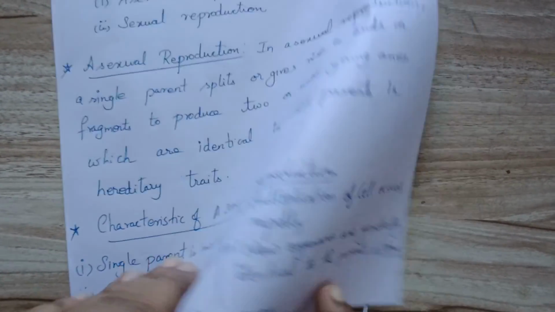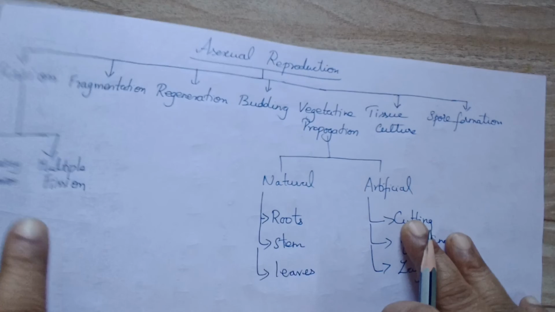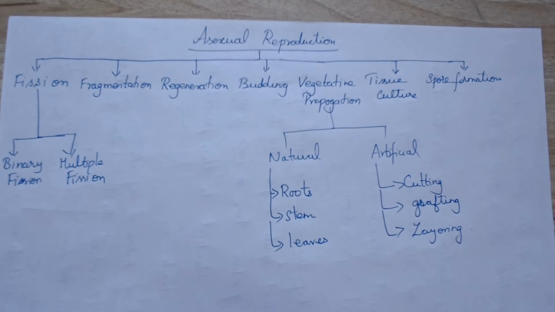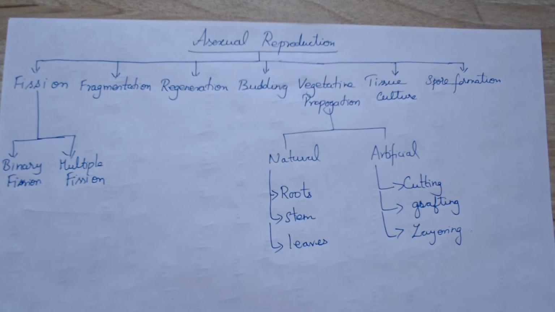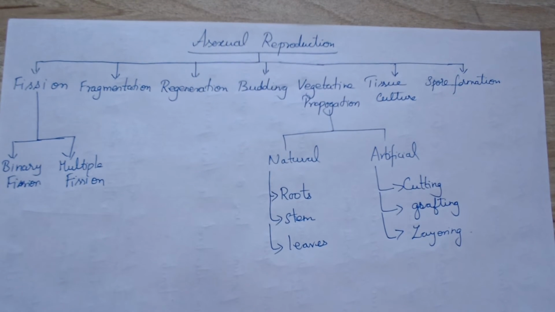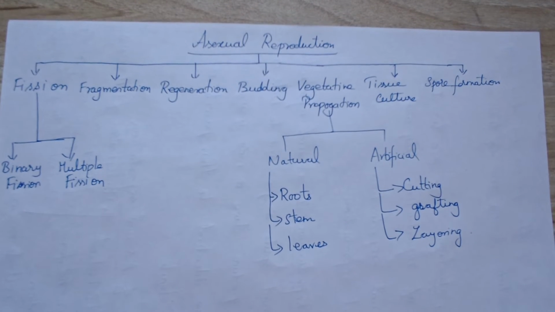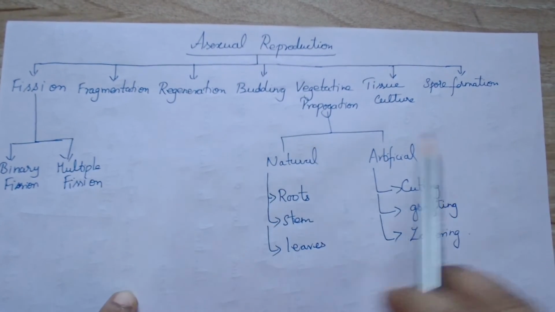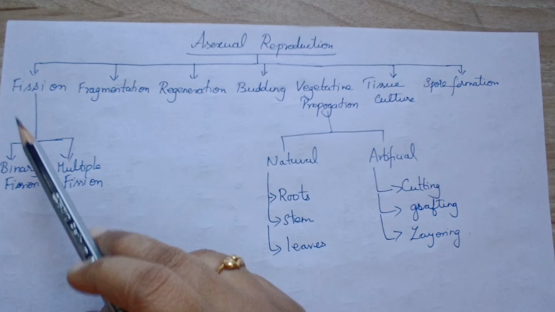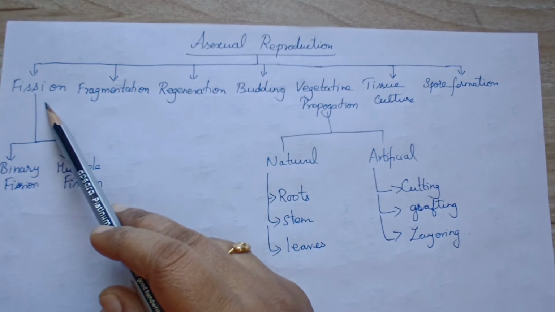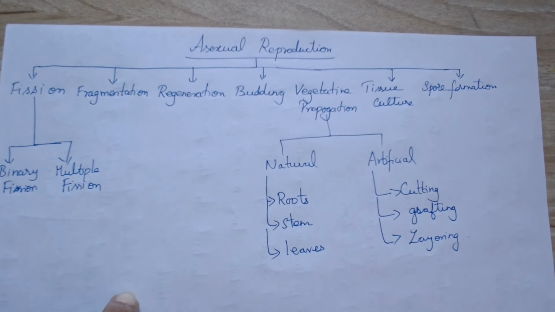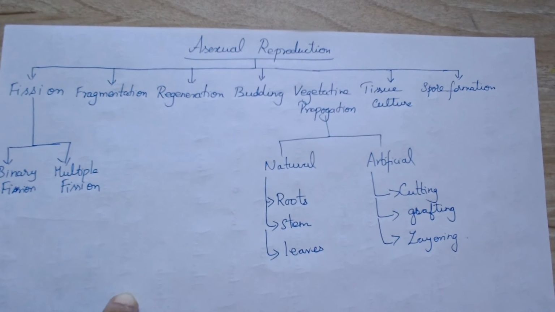Now we'll see the modes of asexual reproduction. In detail we will see them in the next class; first we will see what the modes are. There are 7 different modes. First is fission. Fission is what we have seen in the amoeba, binary fission.